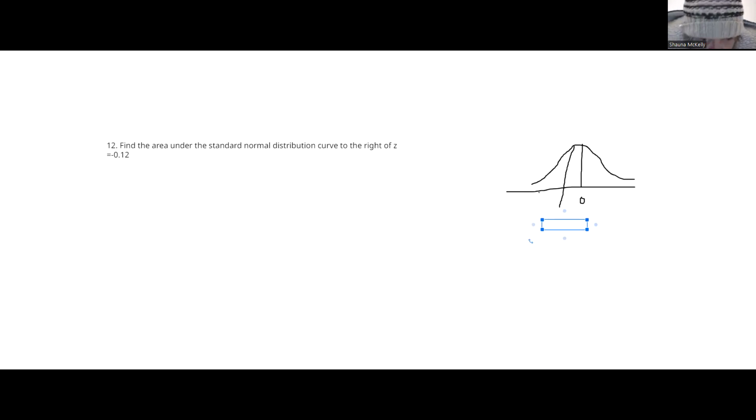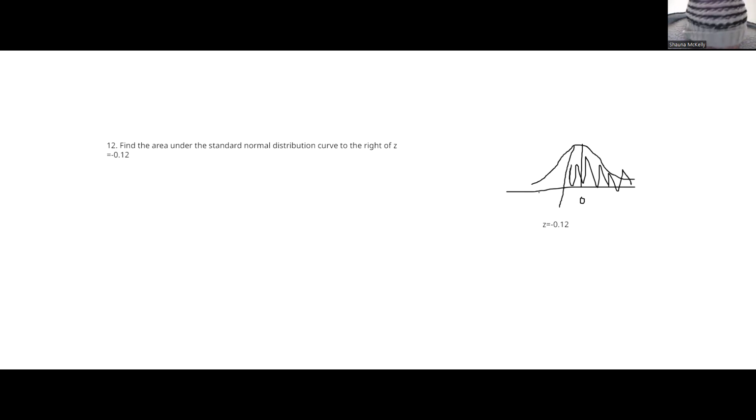Now, we want everything to the right. So we're going to say that we want everything here. This is everything to the right. Notice it's also to the right of 0. That's okay. I'm looking at this z.